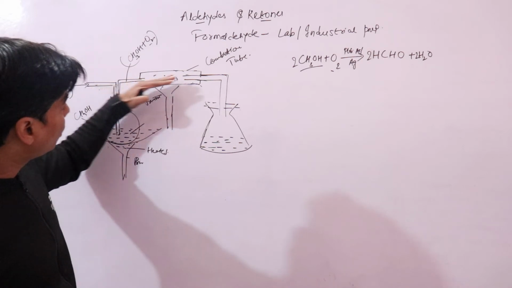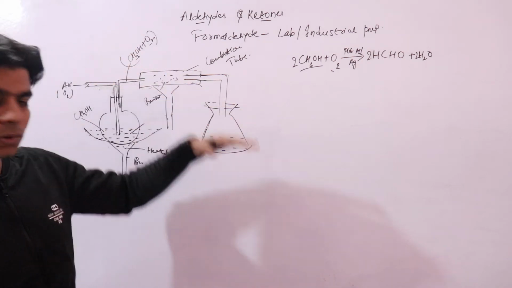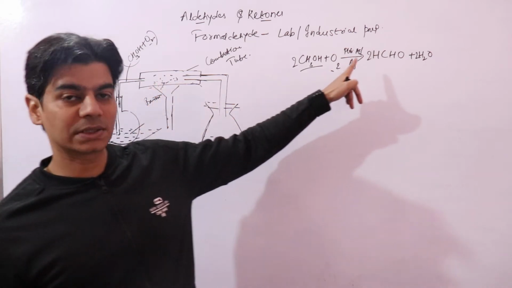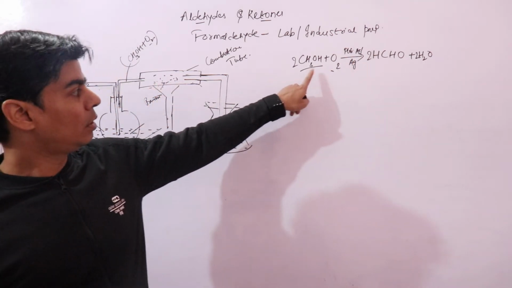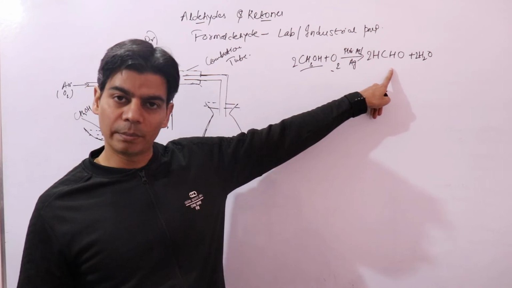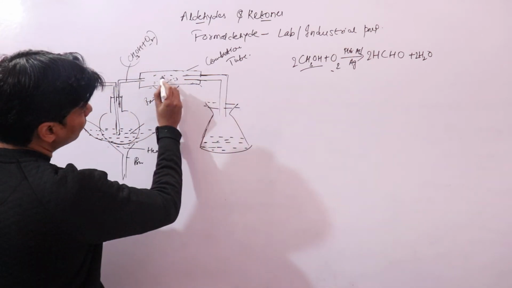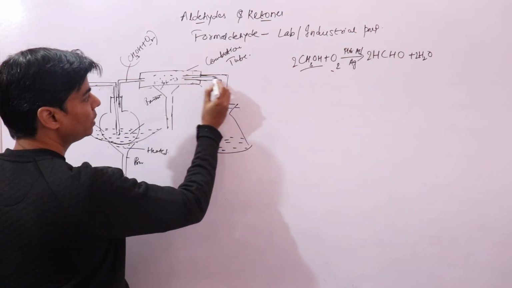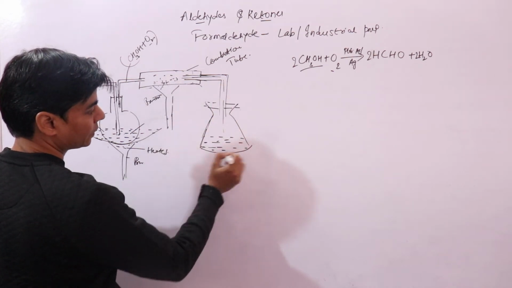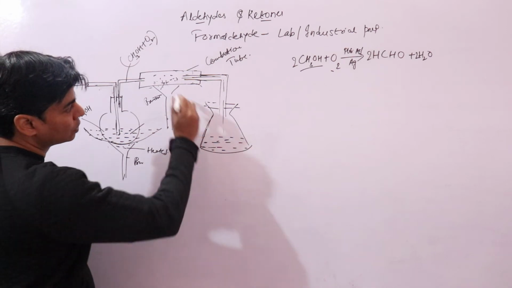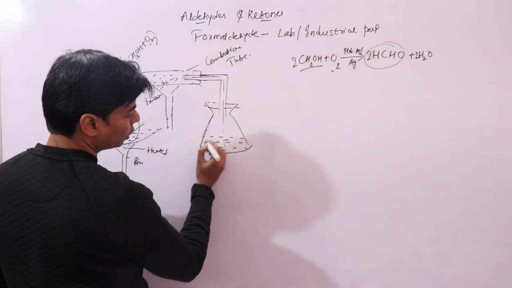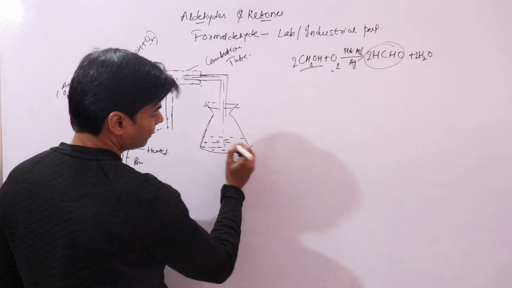When methanol and oxygen pass through this combustion tube, your methanol will oxidize to form formaldehyde. So formaldehyde will form in this combustion tube and pass through this tube into this flask that contains water. This formaldehyde that gets formed will dissolve in the water.